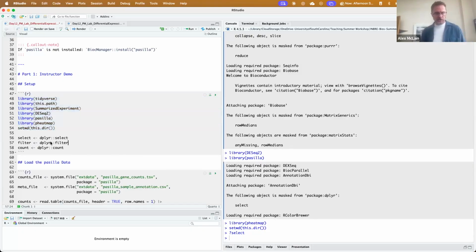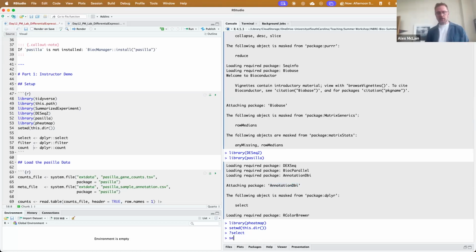Another one is filter. There are quite a few functions that have a function called filter. And how this works is whatever package you load last will be the package that takes precedence. So here, because we have this Pasilla package that, for example, loaded AnnotationDbi, which had a select function, because we loaded that after we loaded tidyverse, that's the version of select that R is going to use by default.